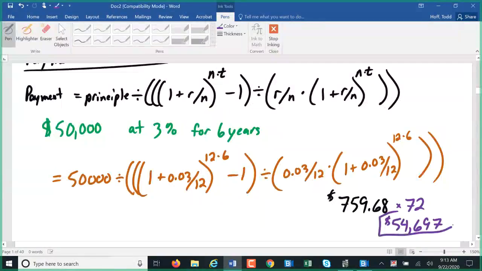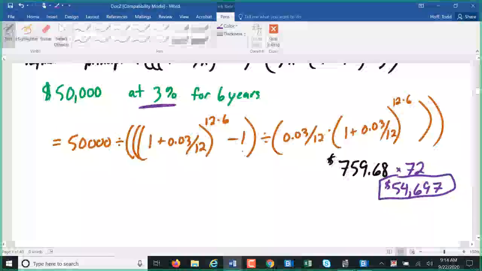That's not bad. Only $4,700 in interest on a truck. That's not horrible. I want to show you an example of the value of keeping your credit rating at a good rating. That 3% interest, that's assuming that you have like a 715 or a 720 credit rating or better.